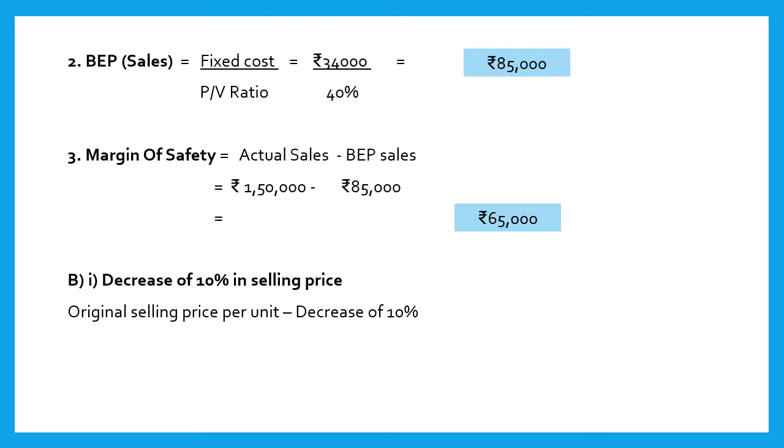Original selling price per unit minus a decrease of 10%. We have the selling price of rupees 10 minus 10% of rupees 10, which is rupees 1. So our new selling price will be rupees 9, that is rupees 10 minus rupees 1.